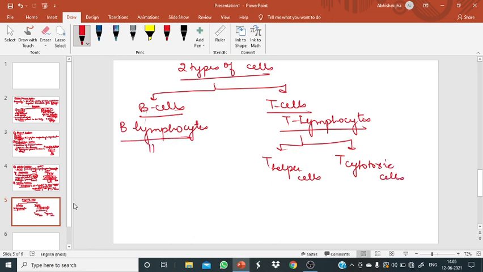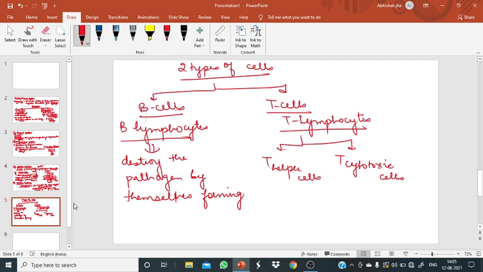B lymphocytes destroy the pathogen by themselves forming antibodies. Like this, B cells are going to form antibodies by themselves and they will destroy the pathogen that has entered our body. Now, what will these T cells do?